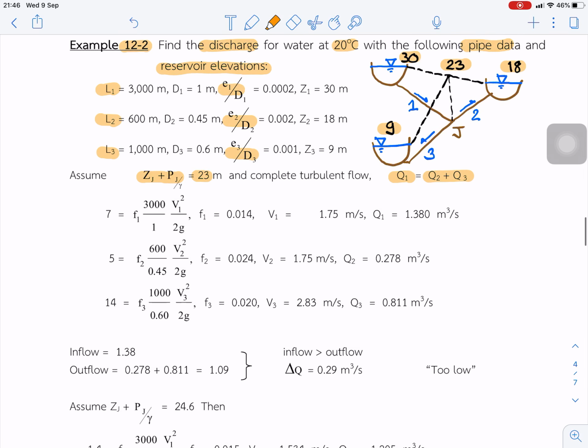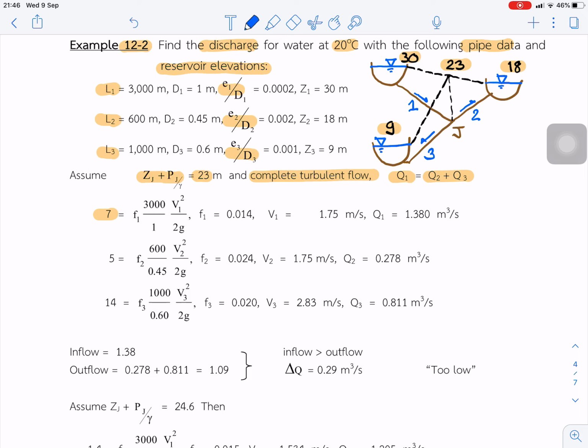And next we use the Darcy-Weisbach equation for pipe number 1, 7 meters from the difference between 30 and 27, and assume complete turbulent flow, so we can estimate the friction factor.